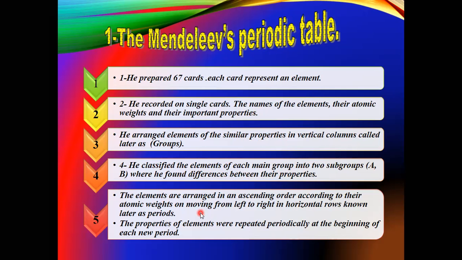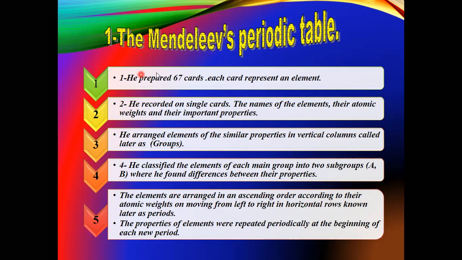Then the arrangement depends on A. This is a very important point. The elements are arranged in an ascending order from left to right, according to their atomic weights. Please don't forget, he classified elements in an ascending order according to their atomic weight, from left to right.